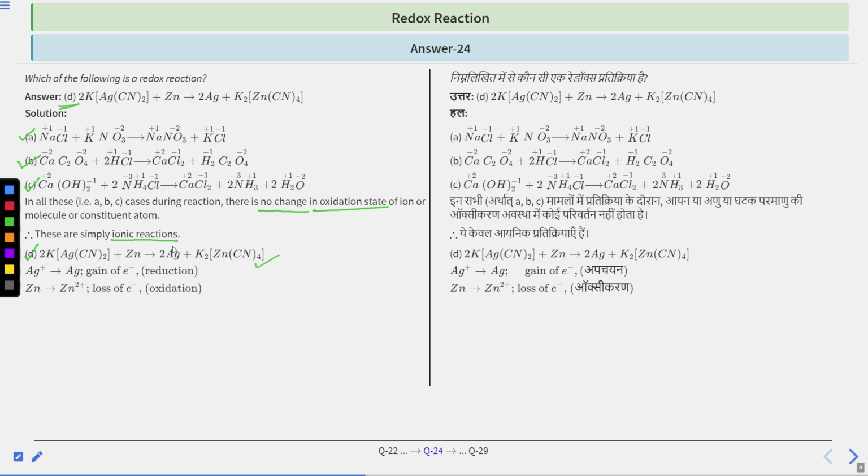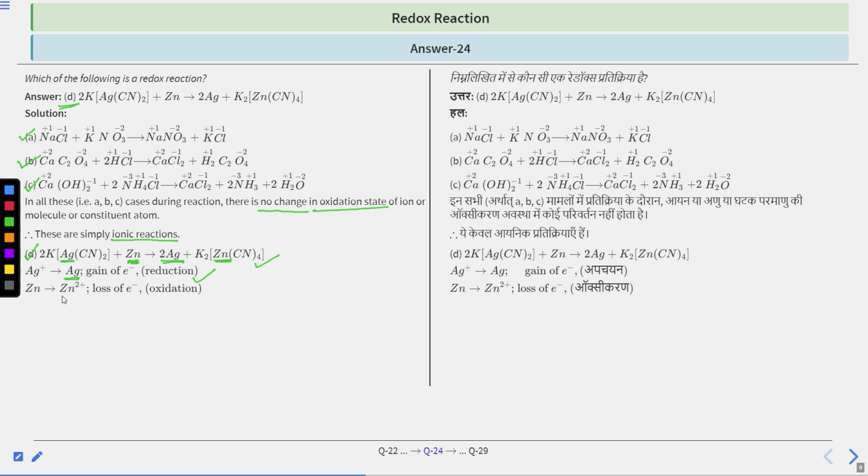And in this, Ag positive is giving us Ag atom, you can say, right? So here it is in 0, here it is in plus 1, silver. Plus 1 to 0, that means gain of electron, and reduction in the oxidation number, that means reduction is happening. Similarly, zinc is in 0 state, and here it is going into plus 2 state.